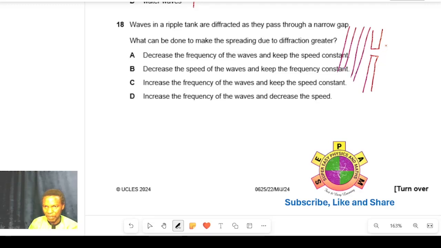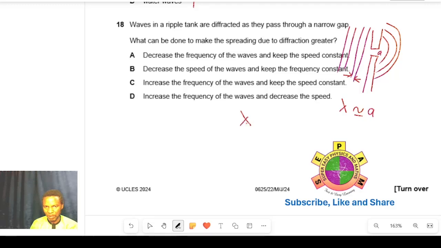For it to experience diffraction, the wavelength of the incoming wave must be comparable to the gap. So if you reduce the wavelength, then the spreading will increase.